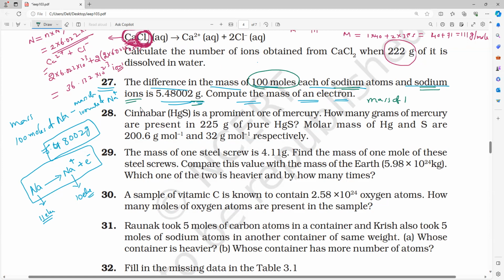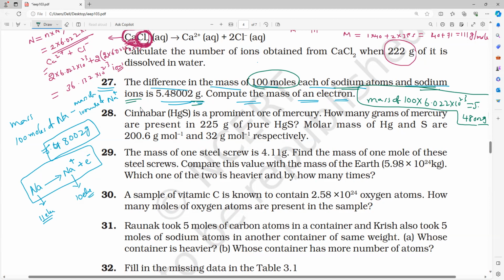So the mass of 100 moles of electrons is 5.4800 grams. That is the difference, the mass of 100 moles of electrons. Because 1 mole is equal to 6.022 into 10 power 23.